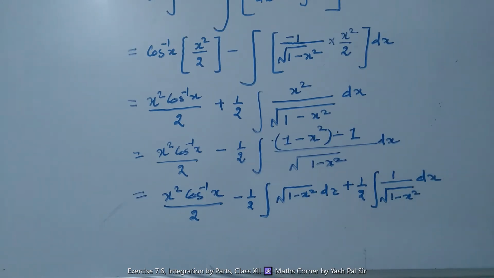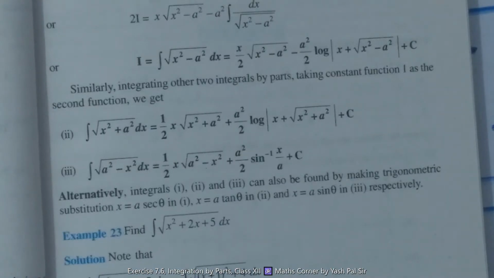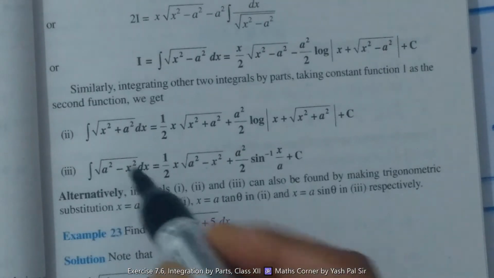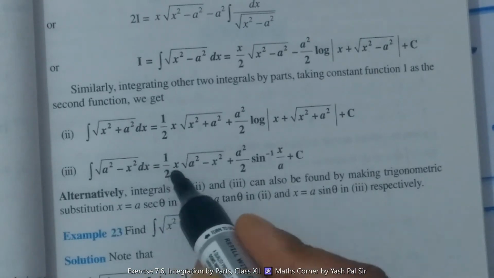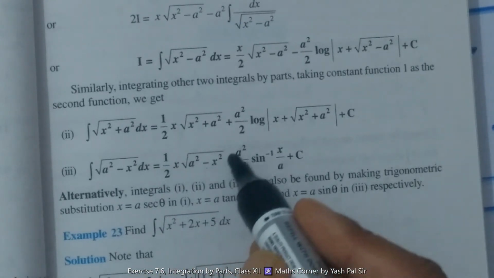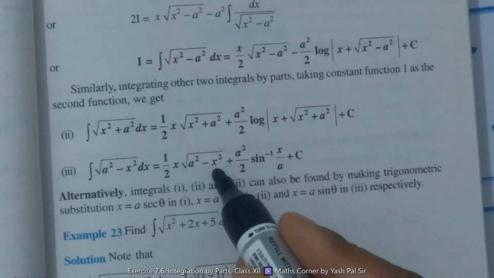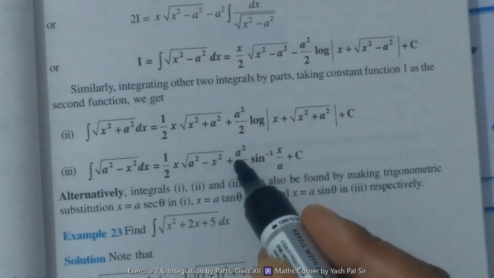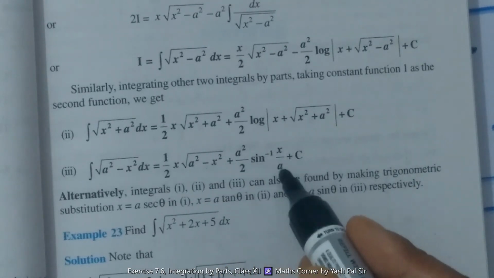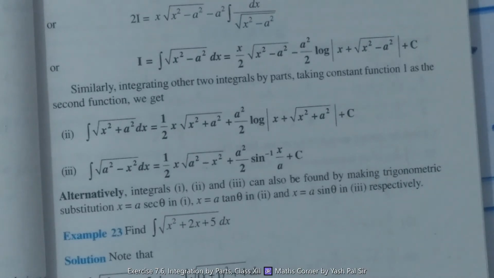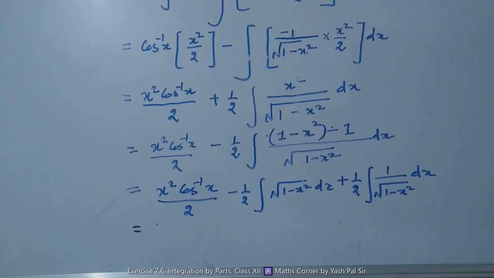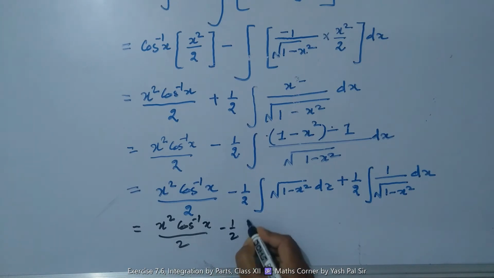Now there is one rule. The rule is integration of square root of a square minus x square dx is equal to 1 upon 2 x into square root of a square minus x square plus a square upon 2 sin inverse x upon a plus c. So accordingly we write here first of all x square into cos inverse x upon 2 minus 1 upon 2.